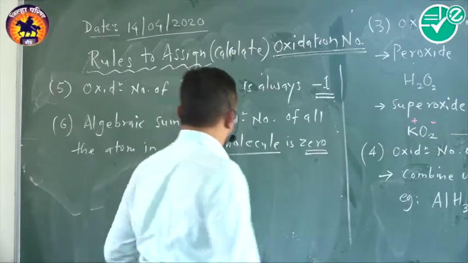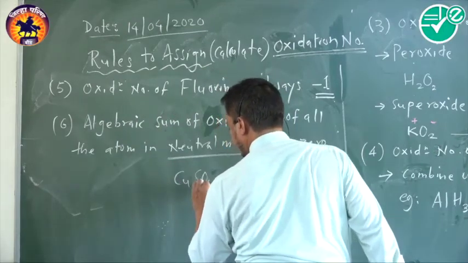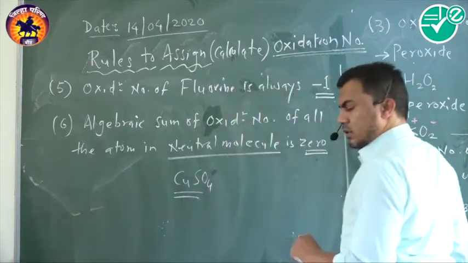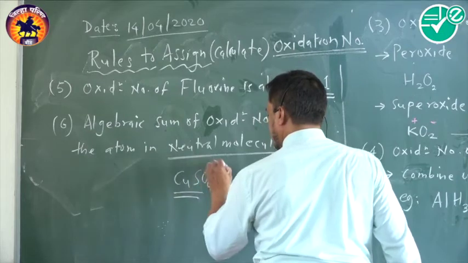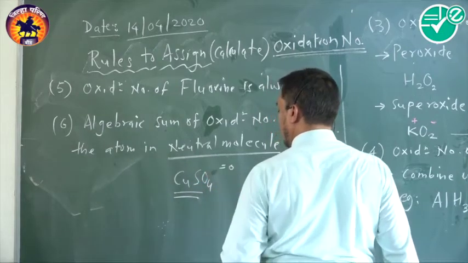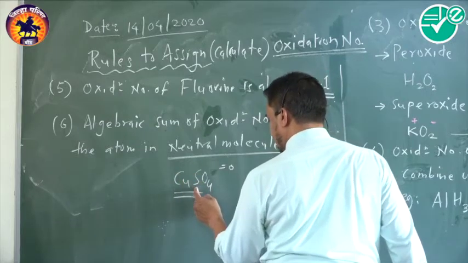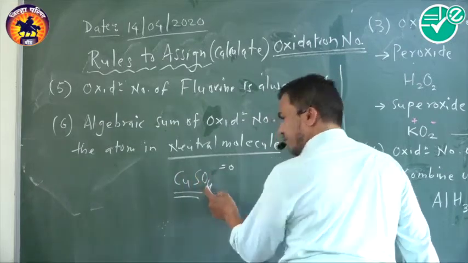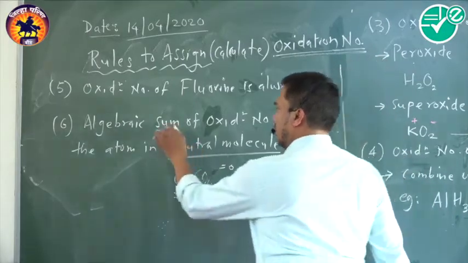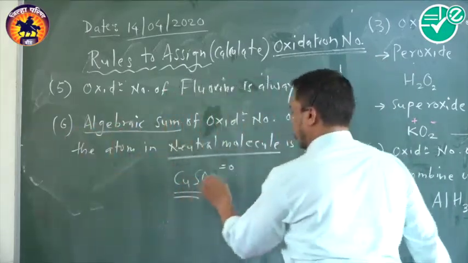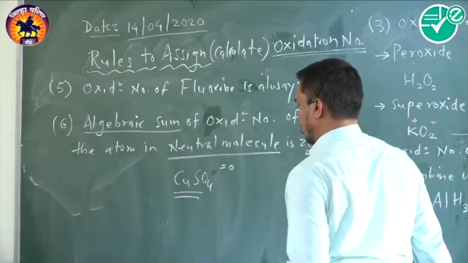For example, if you take copper sulfate, the charge on the copper sulfate is 0. That means the oxidation number of copper plus the oxidation number of sulfur plus the oxidation numbers of 4 oxygen atoms added together, which we call the algebraic sum, remains 0 because it's a neutral molecule.